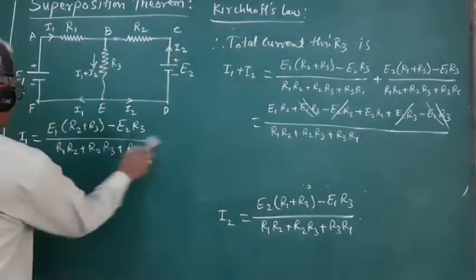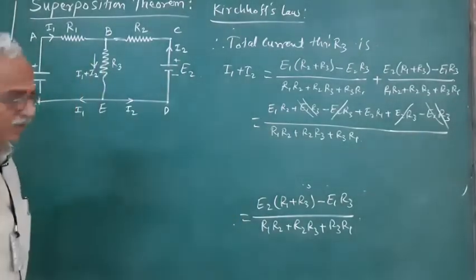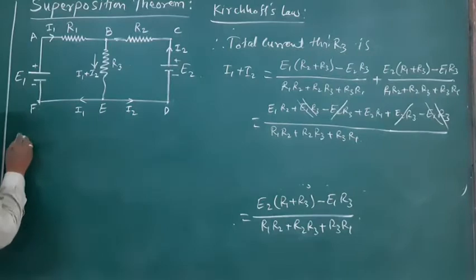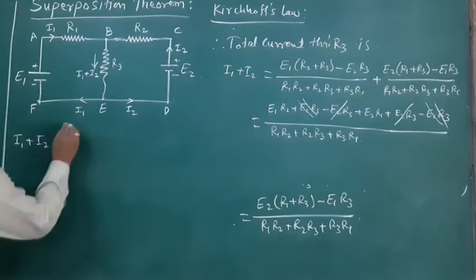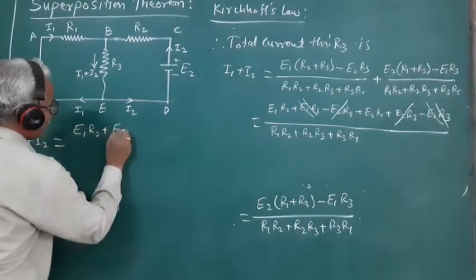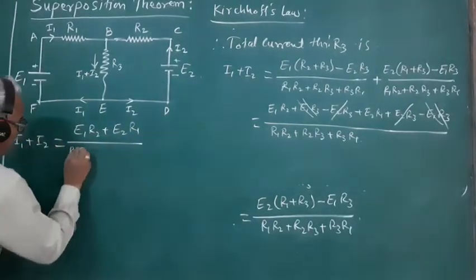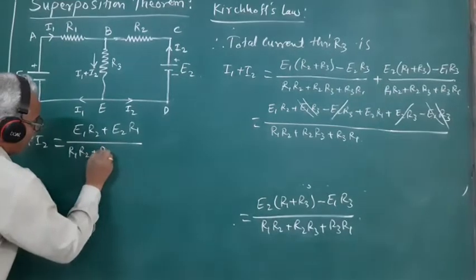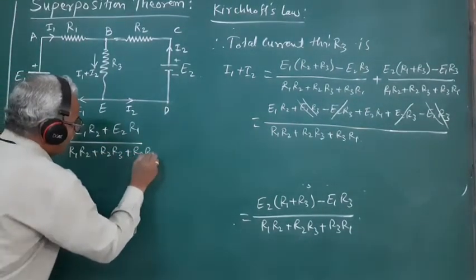So the total current passing through the resistance R3, I1 plus I2, is equal to E1 R2 plus E2 R1 divided by R1 R2 plus R2 R3 plus R3 R1.